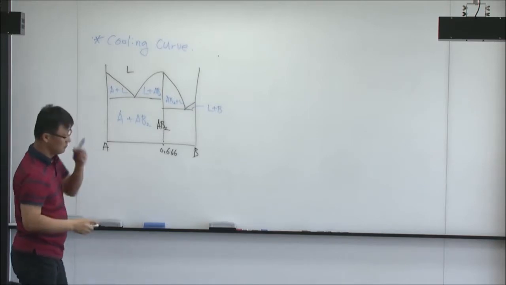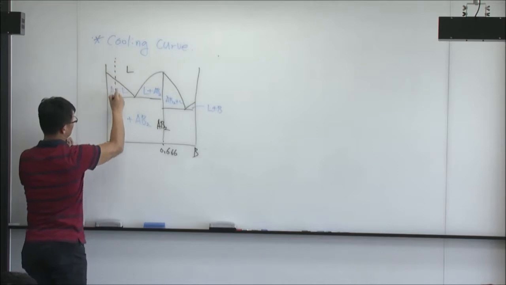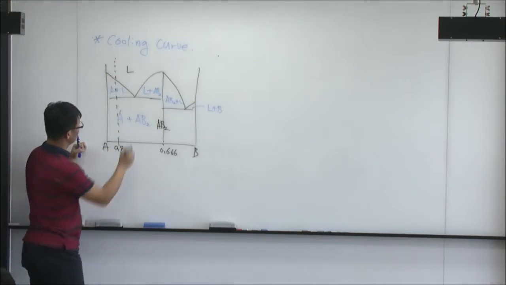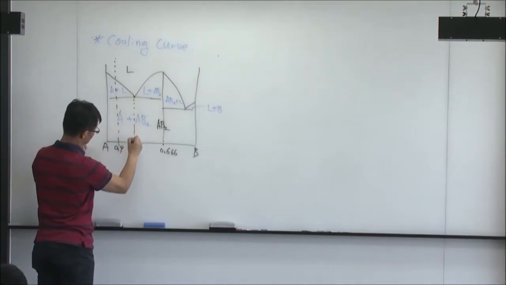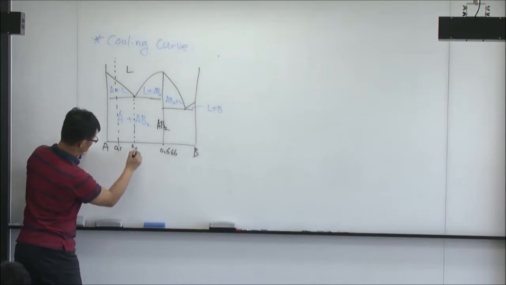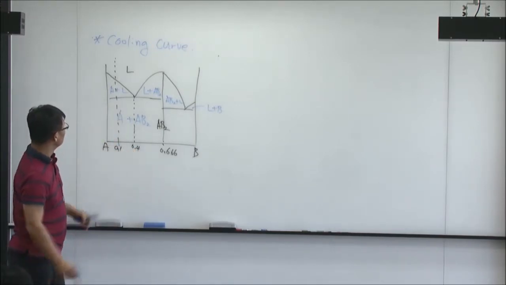Now let's take this composition, for example 0.9. And then let's take this one, 0.1, sorry, 0.4. Okay?